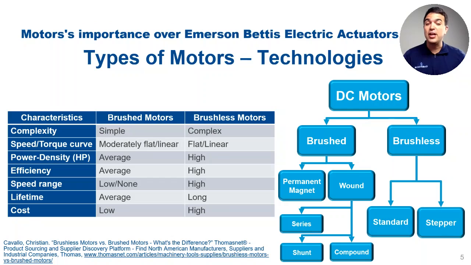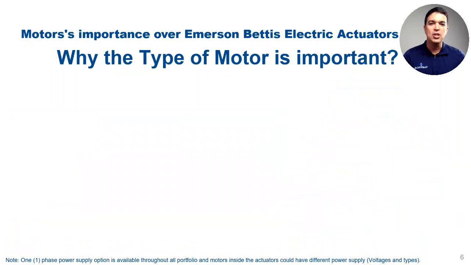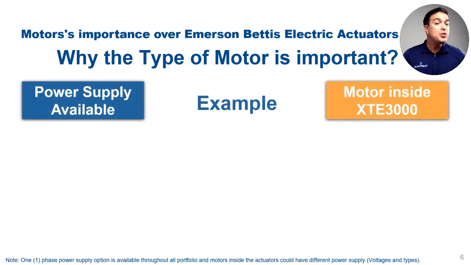Now that we understand all types of motor technologies available, we can confirm that some of them are very useful with electric actuation products. So why is all of this useful? This example will open your mind. The power supply available does not have to be linked with the type of motor used inside the actuator. The electronics inside the actuator can fix it.